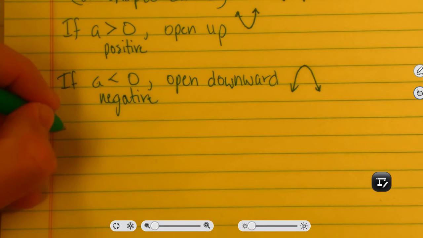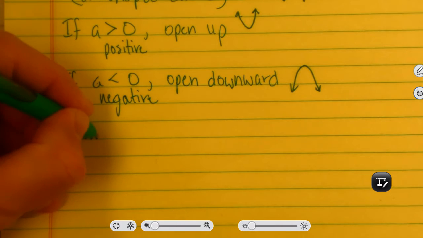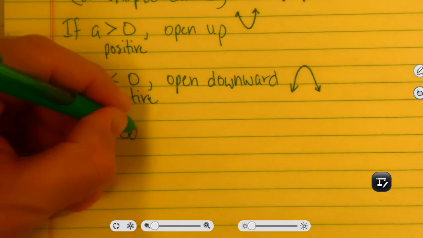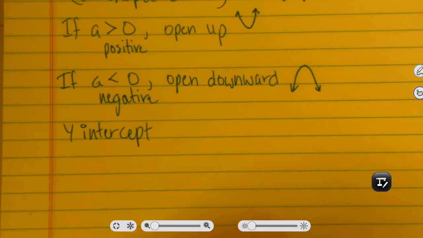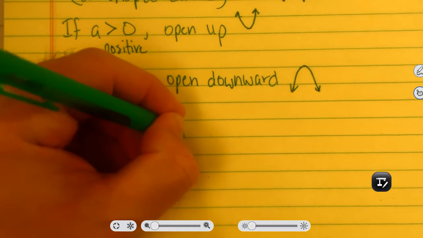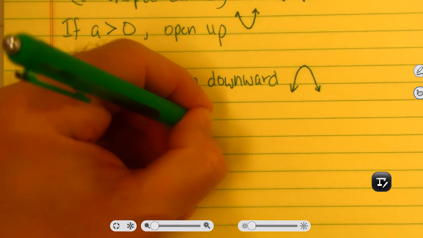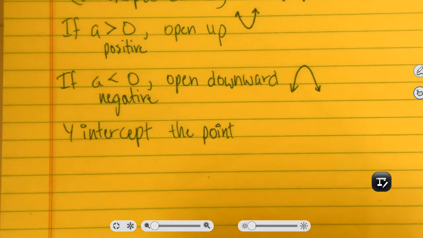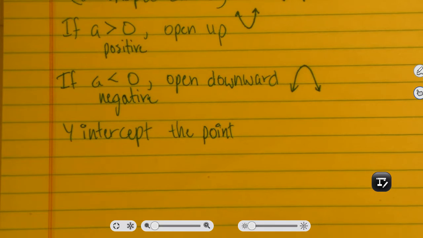There's other things we need to know, like the y-intercept. I've heard that since 8th grade. What is the y-intercept? The y-intercept is the point where the parabola will cross the y-axis.